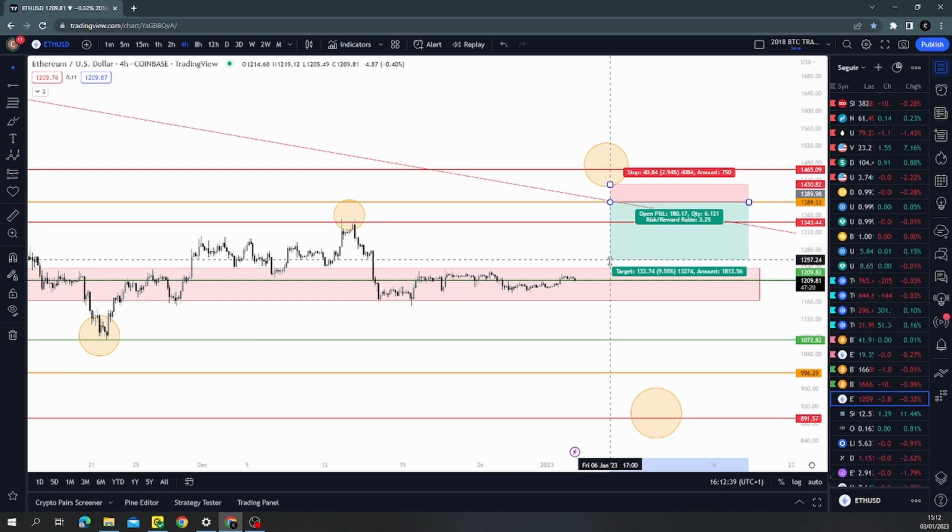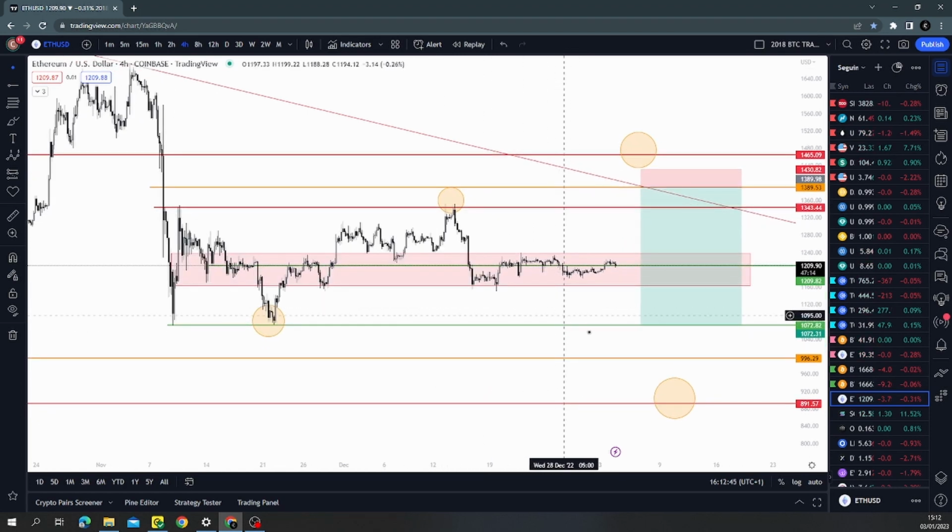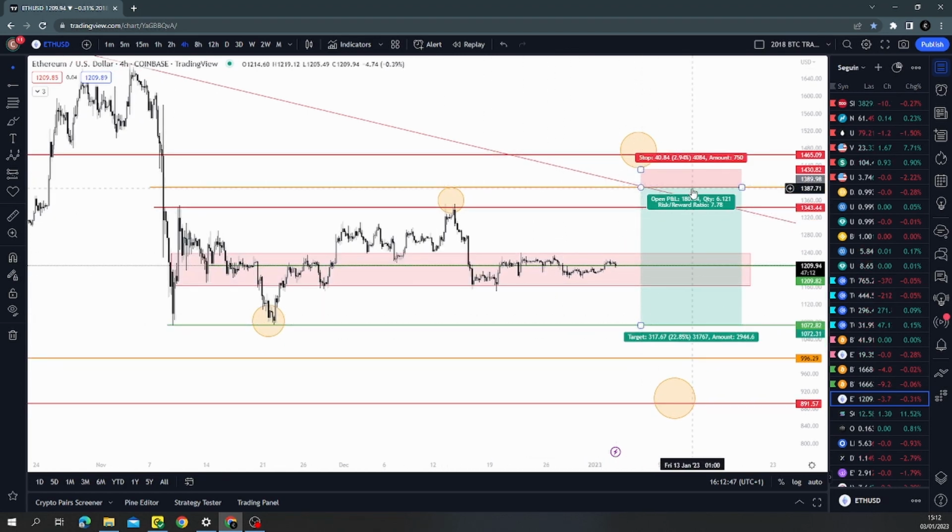Our target for profits is gonna be all the way to the lower side of the range. The entry is gonna be around 1,390, and take profits is gonna be around 1,075. Okay, this is for the short position.